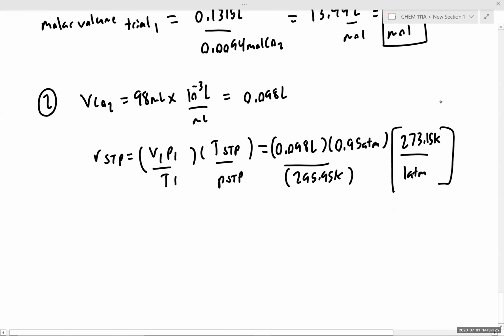And that in turn gives us the following result for the volume at STP for trial 2. That gives us a volume of 0.0859 liters.